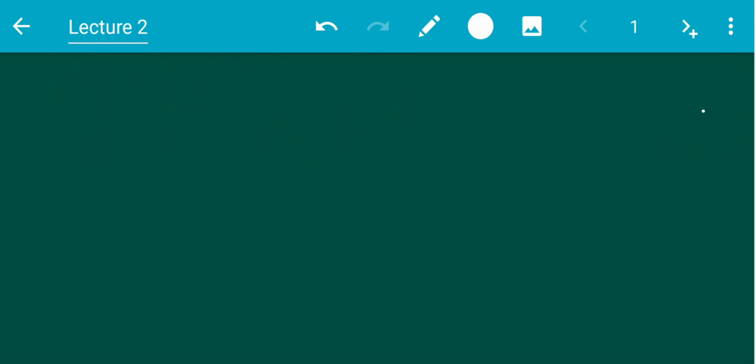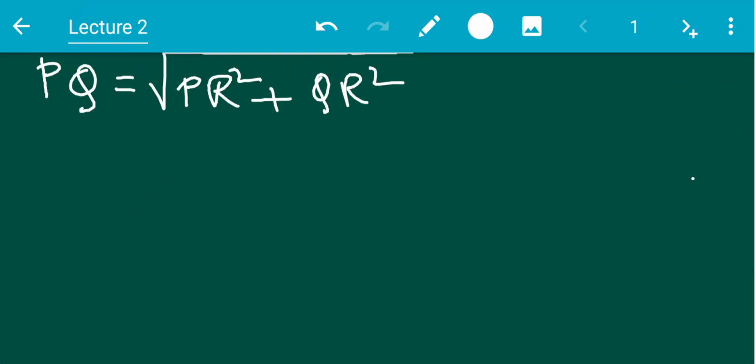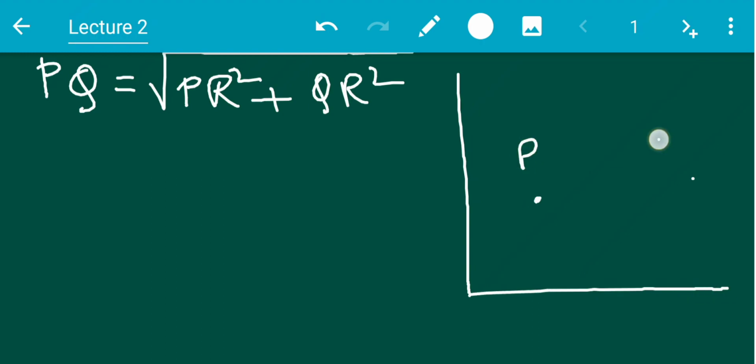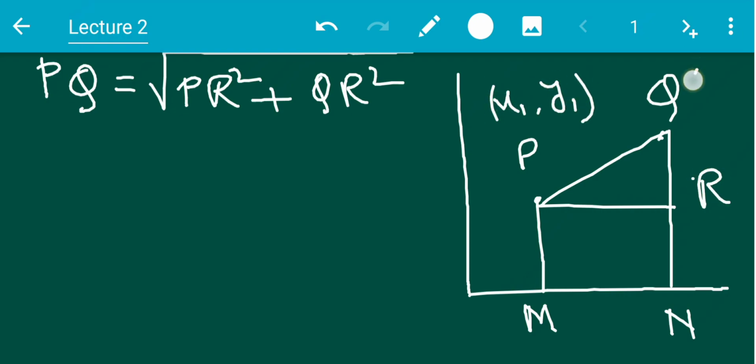Now we have to find PR and QR. For that we draw the diagram again. This is our P, this is Q, this is M, this is N, this is R. Here it is x1, y1, here it is x2, y2.